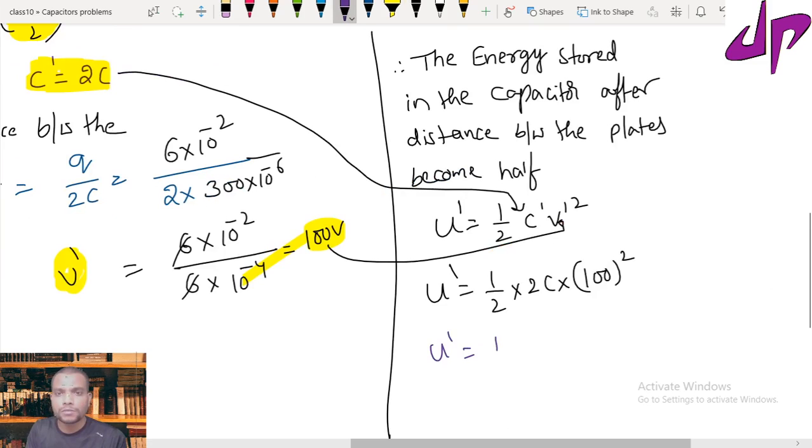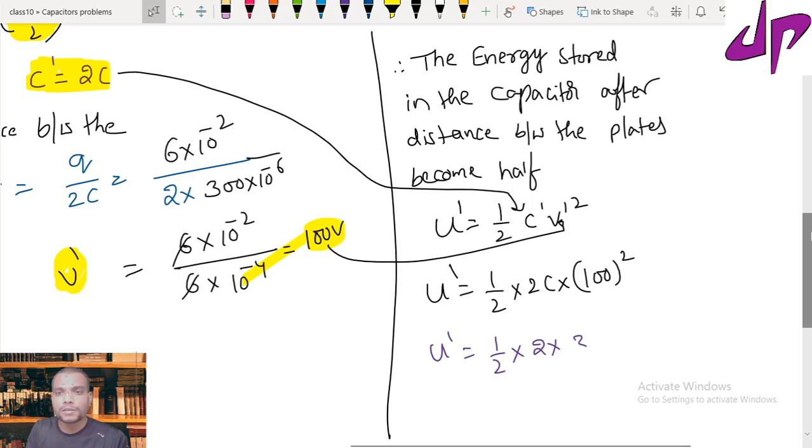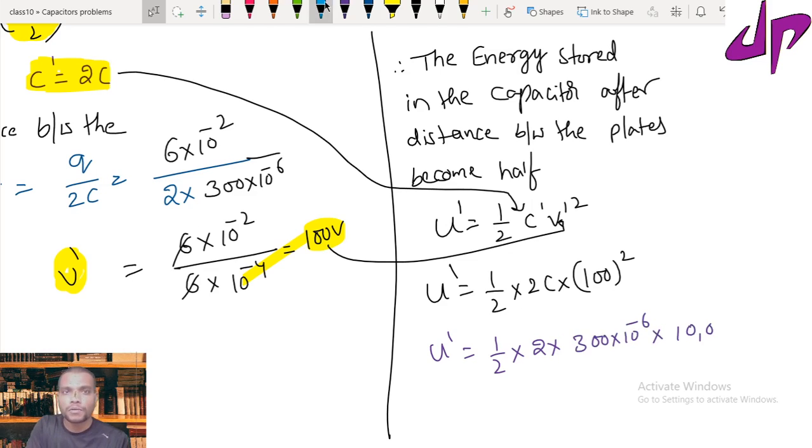U dash equals half times 2 times 300 micro, 10 power minus 6, times 100 square, which becomes 10 power 4.